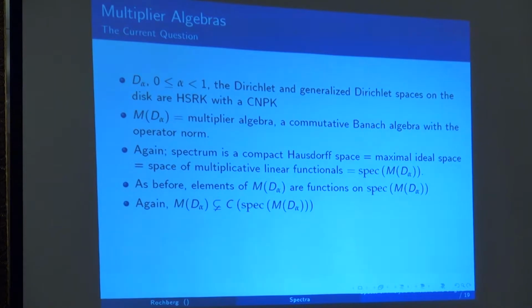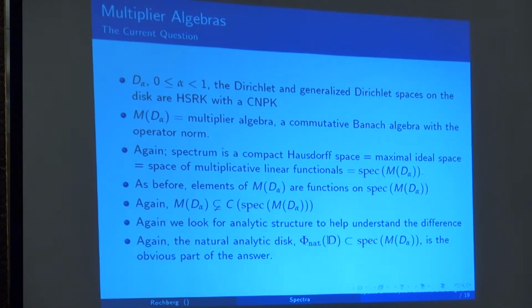And again, for the same reason, the unit disk is included in the spectrum, and all the functions in the multiplier algebra are analytic on that disk. And again, we're looking for analytic structure in the spectrum to help understand the ways in which the maximal ideal space is not just globally, but also locally, failing to be all continuous functions on the maximal ideal space.